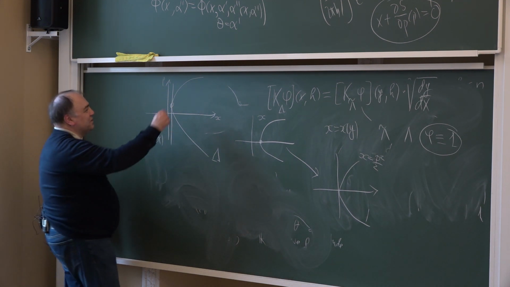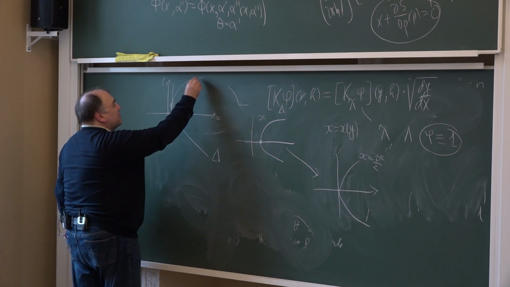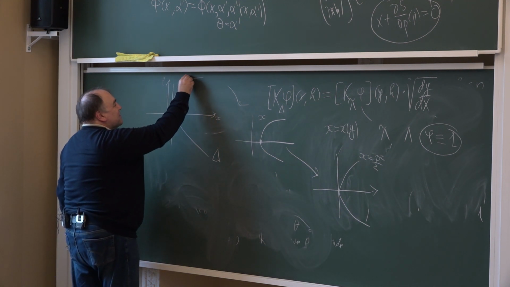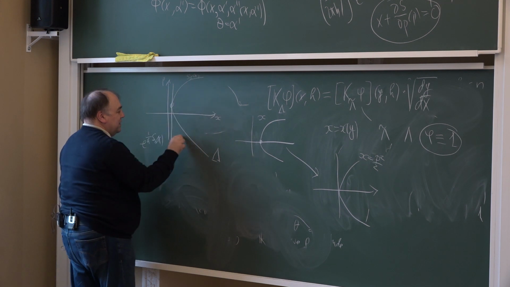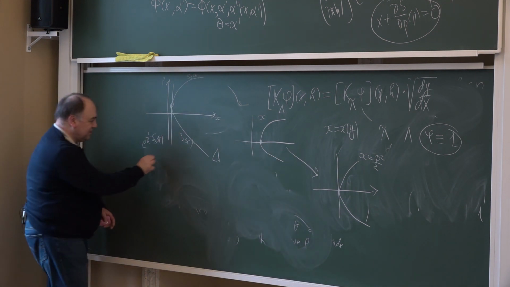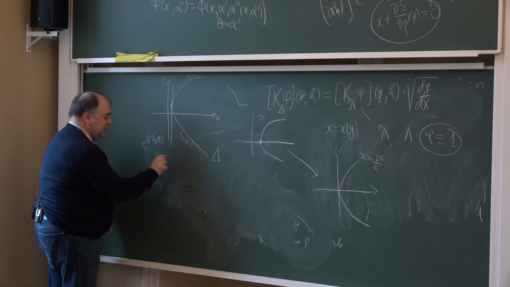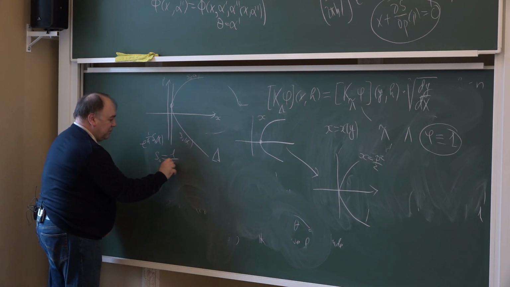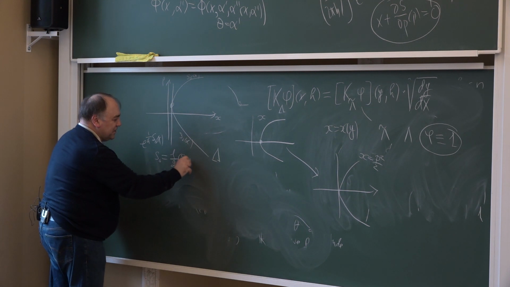This is very easy to do. If I have S1 of x and S2 of x here, then S0 is one half of S1 plus S2.